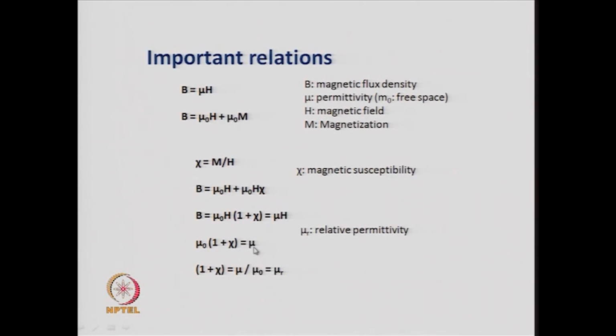And if you take the ratio of mu and mu naught, that is mu in the presence of the material and mu naught is the permeability of free space, that comes out to be 1 plus chi, and that is called relative permeability.